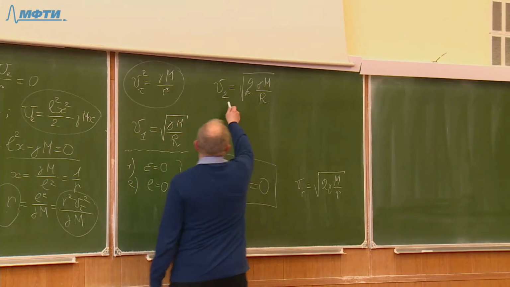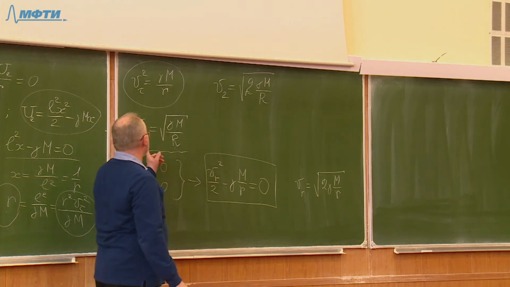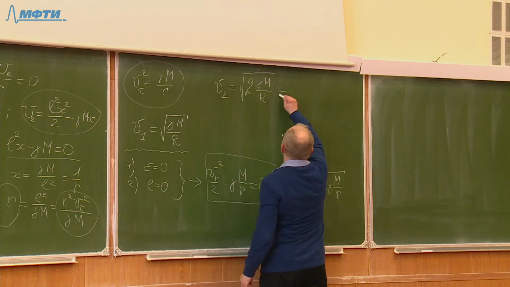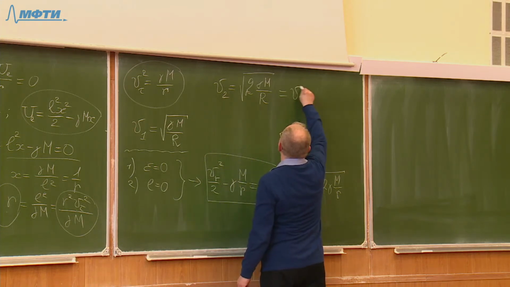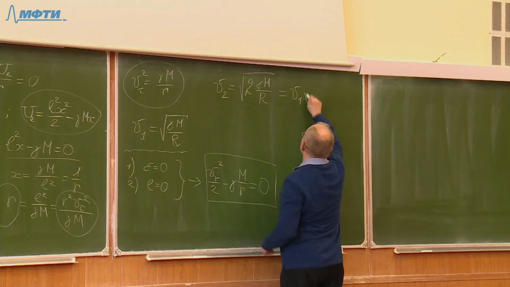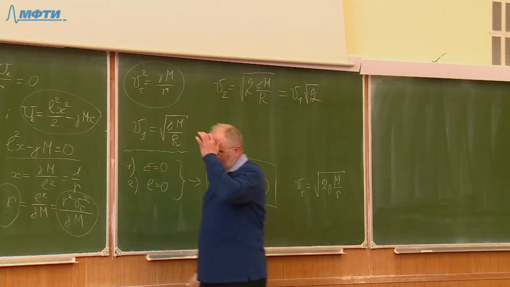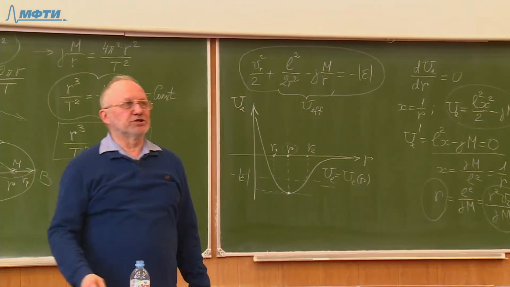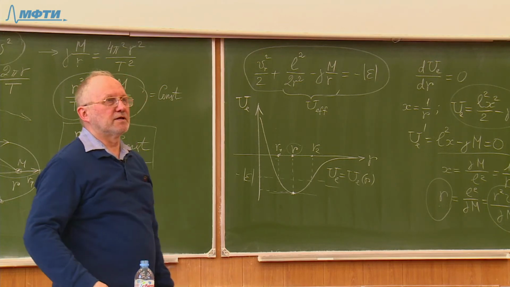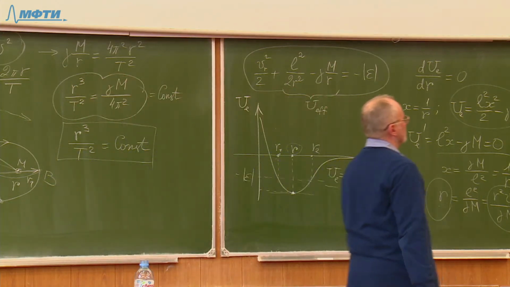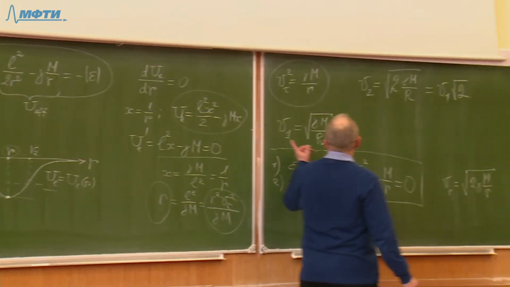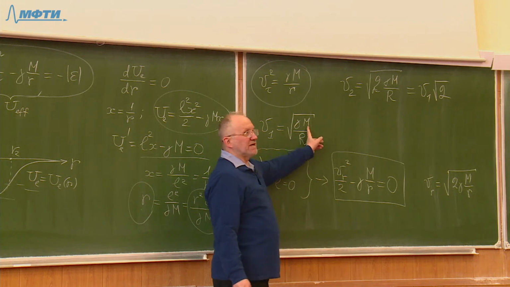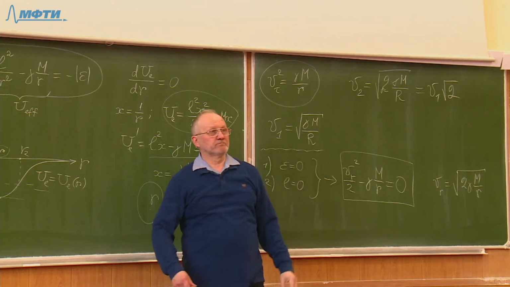If you compare the second space velocity and the first space velocity, you can easily see that the second space velocity is equal to the first space velocity times the square root of 2. The escape velocity is larger by a factor of the square root of 2 than the first space velocity, which is the orbital velocity, the velocity needed to orbit the planet of radius r and mass capital M.